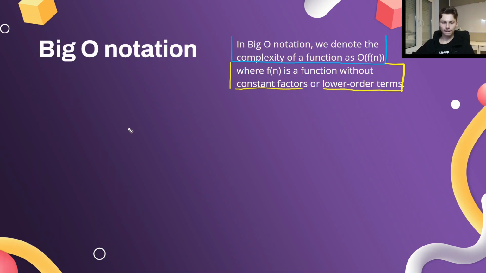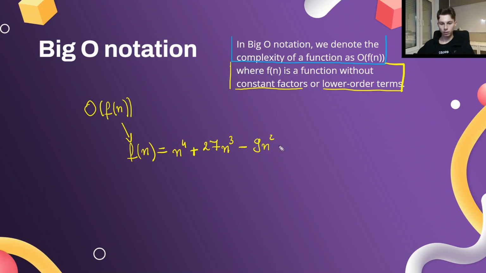Okay, we know that O of f of n is our big O notation. Let's suppose that f of n is equal to this form: n to the power of 4 plus 27 times n to the power of 3 minus 9 times n squared plus n plus 153.